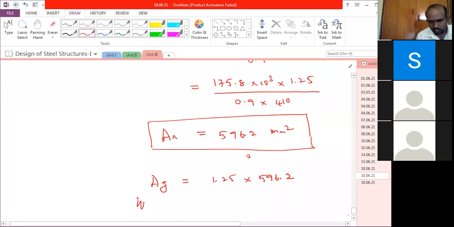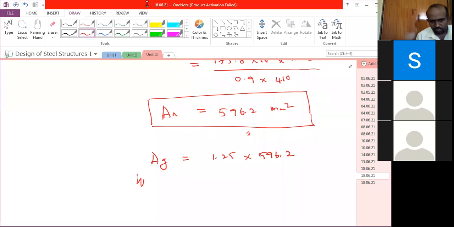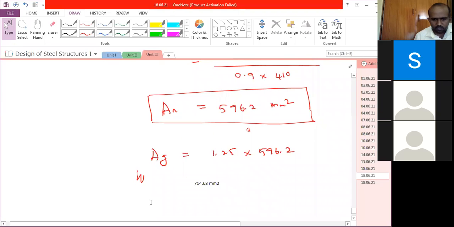So what is AG? 714.63 mm square. Okay, next one.